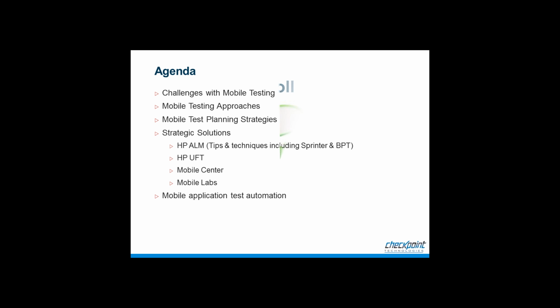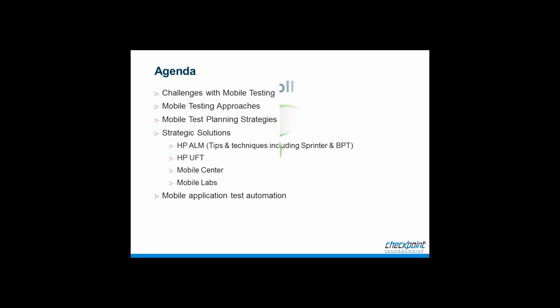So today's agenda, we are going to be going over different challenges with mobile testing, I'm sure something all of you can relate to. We will be discussing briefly mobile testing approaches, test planning strategies when it comes to mobile application.